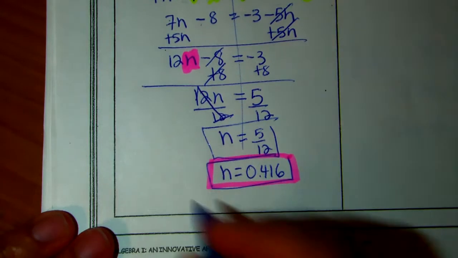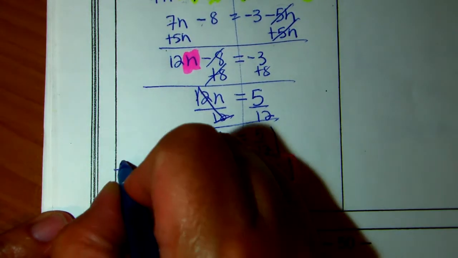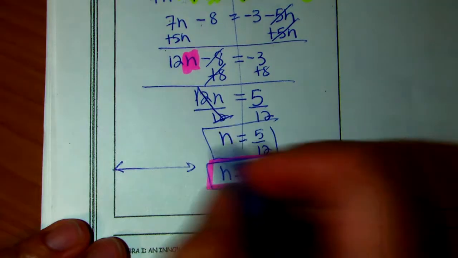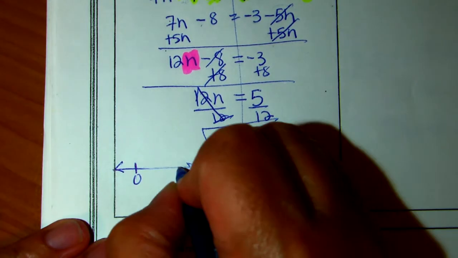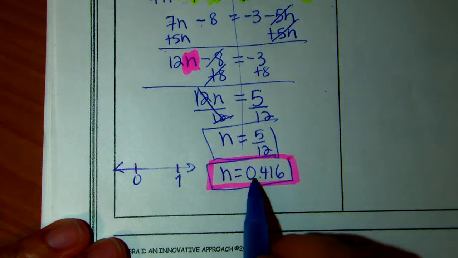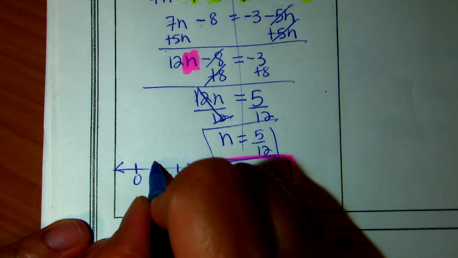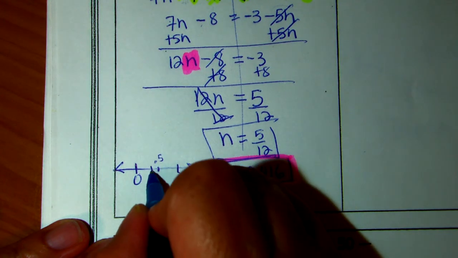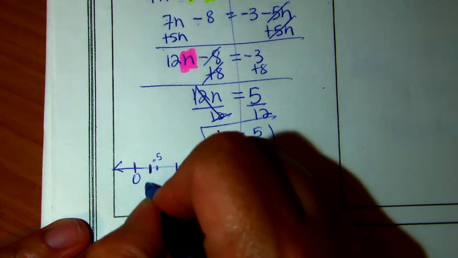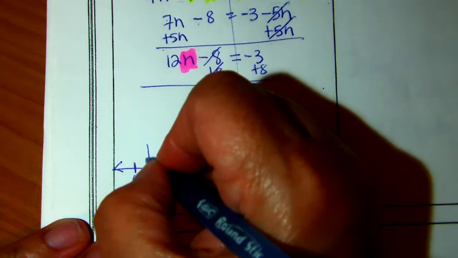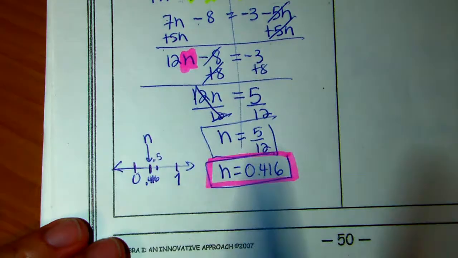If we graph it, we draw the number line, and here's the 0, here's the 1. This is 0.416, so it's going to be, this is 0.5, so it's going to be around here. Okay, 0.416. This right here is the value of n.